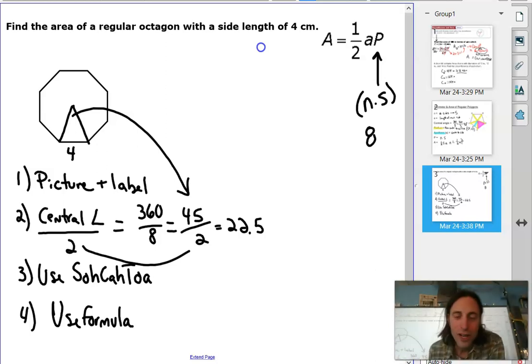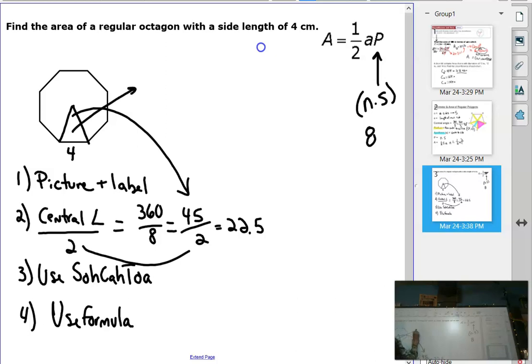But what I'm going to do is take that triangle and split it in half and use trig ratio SOHCAHTOA to figure out either the radius or the apothem or whatever I need. So let me just take this triangle, and I got a bunch of them, right? Each one's like that. I'm just going to zoom it over here. I've got 4, boom, boom, boom.